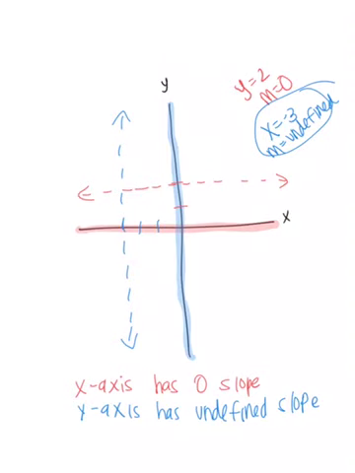And if you look, the y-axis and x equals negative 3 are parallel. The x-axis and y equals 2 are parallel. But what do we notice about y equals 2 and x equals negative 3? You should notice that they're perpendicular because they're creating a 90-degree angle.